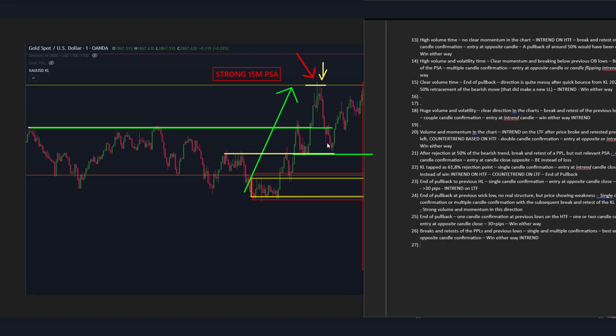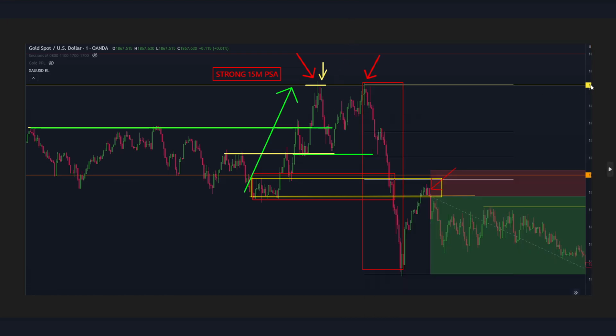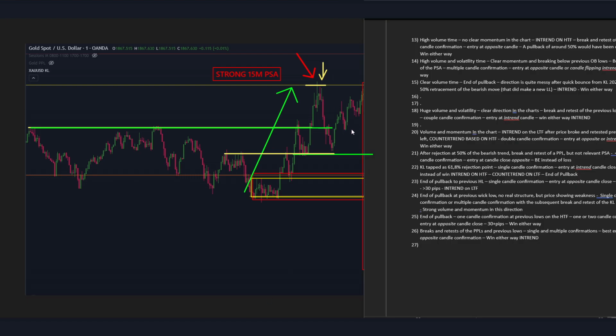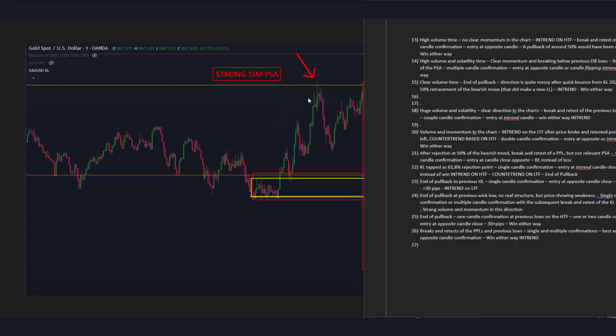I have no idea if this would have been 30 pips or 10 pips. For sure, this would be at least a 15 pip stop loss. I'm not really sure because I cut it, and I don't even know what day it was. We have this strong bullish move, and this could have been a quick scalp on the upside.